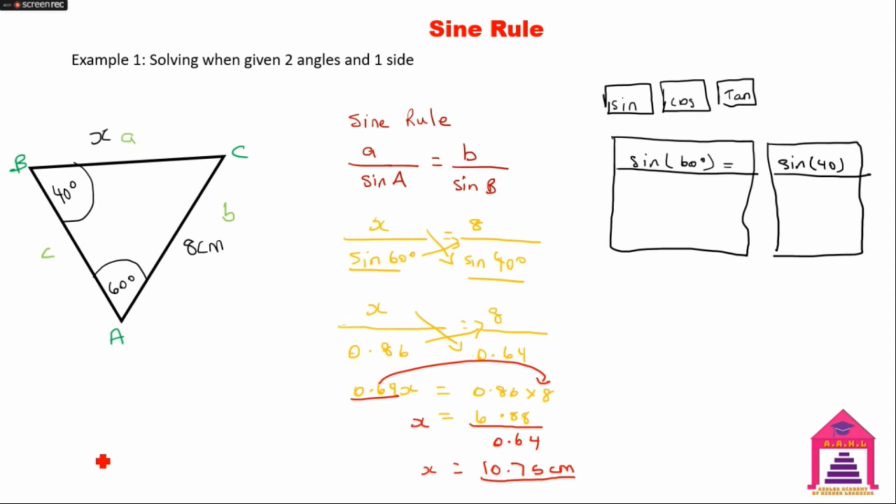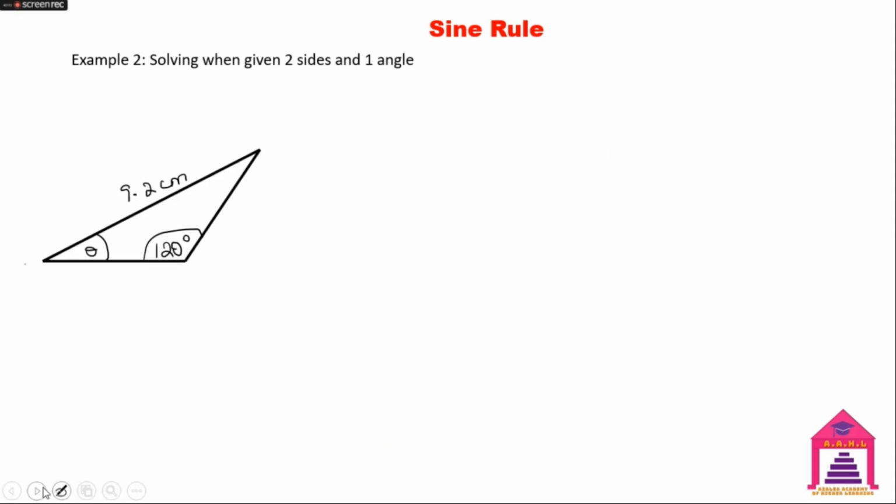Alright, good, good, good. Let's do our next one. This time, we're given a side and an angle. We don't know the next side, and we don't know the next angle. So let me see what we're working with.